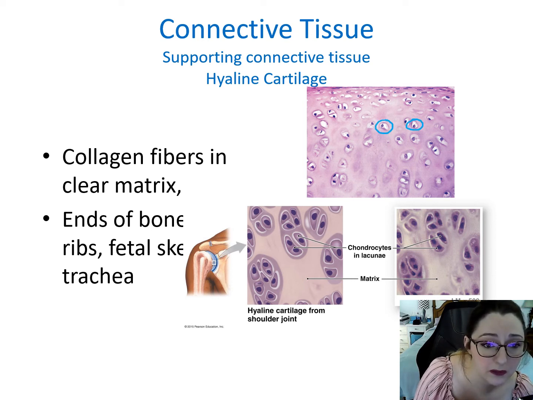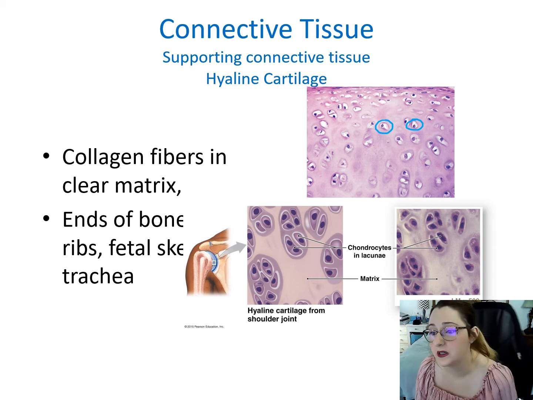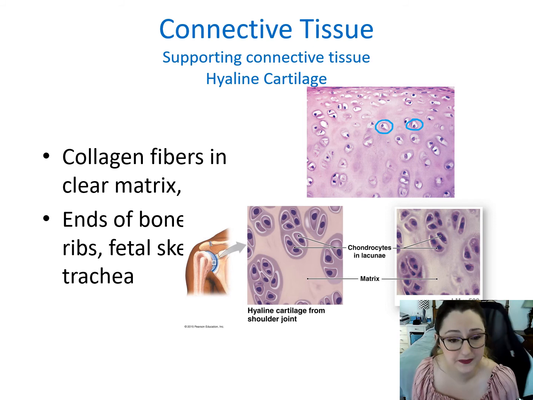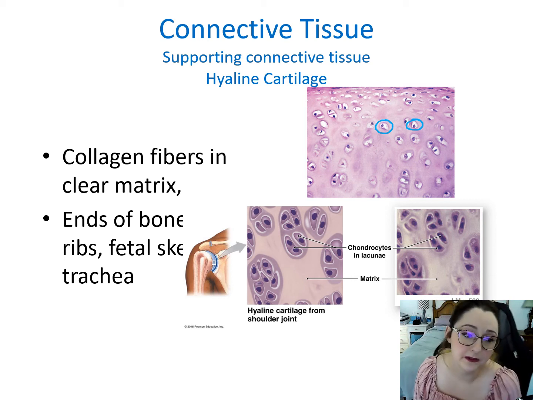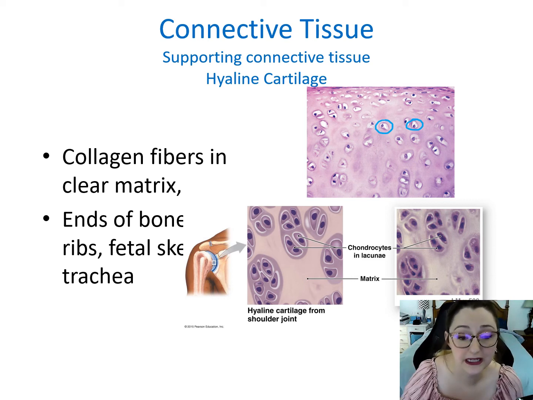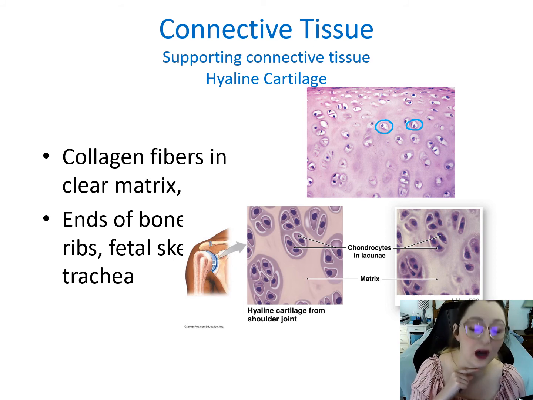The little purple inside there is going to be your chondrocyte. So make sure you know that. You will find these at the ends of bones, your ribs. It's going to make up the fetal skeleton as well as your trachea, which is going to be the start of your respiratory tract. So from your mouth to your lungs, that's your trachea.